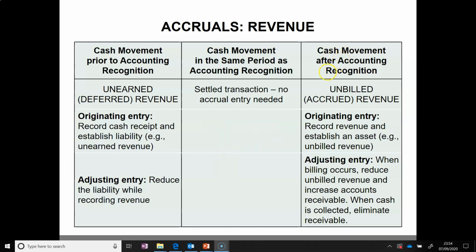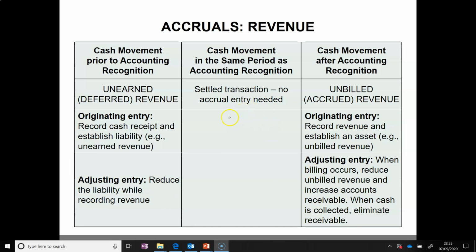In the third scenario, cash movement takes place after the accounting recognition. So revenue here is recognized first but is not received in cash. Later, the cash is received. However, revenue is not recognized again as it is already recognized prior to the cash collection.